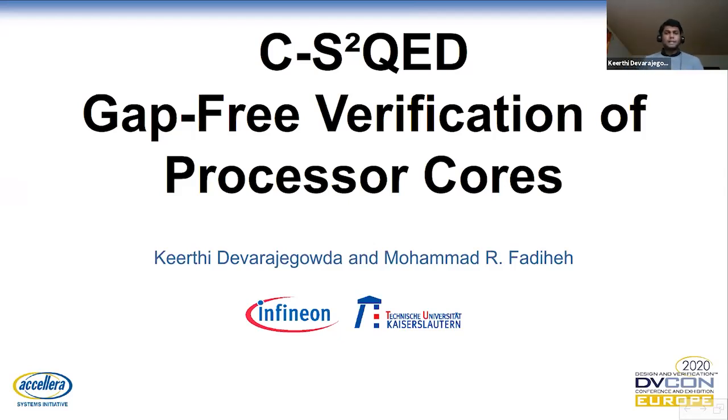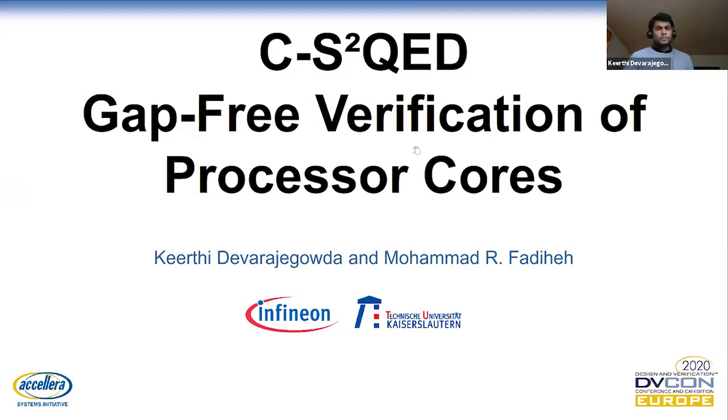So this technique, we call it C-S²QED, where C stands for complete, and S²QED stands for symbolic initial state, symbolic quick error detection. So why such an acronym? This technique was originally called QED, quick error detection, and was used for post-silicon validation.